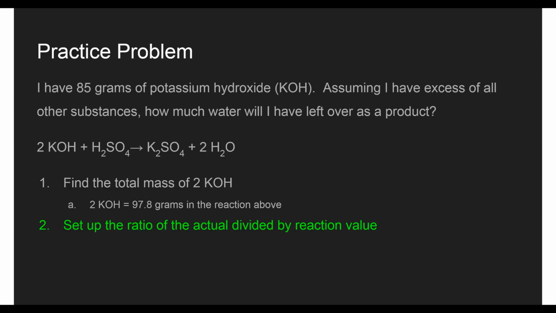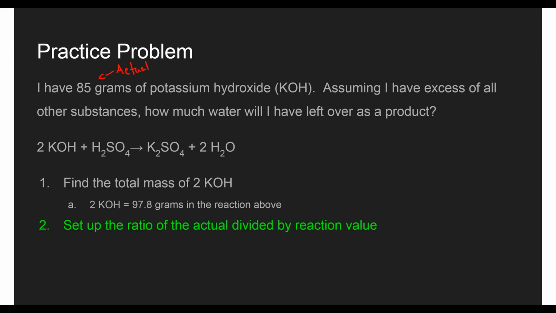My step number 2 is to set up the ratio of the actual divided by the reaction value. So the actual being the number from the question. I actually have 85 grams. Okay, so that is my actual. And then from the reaction value.